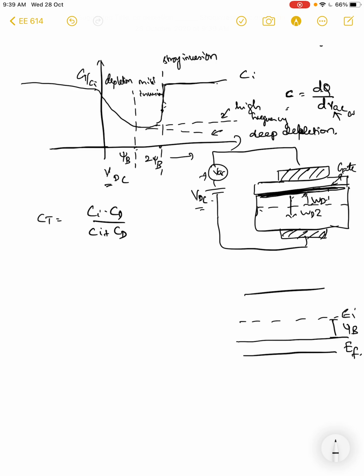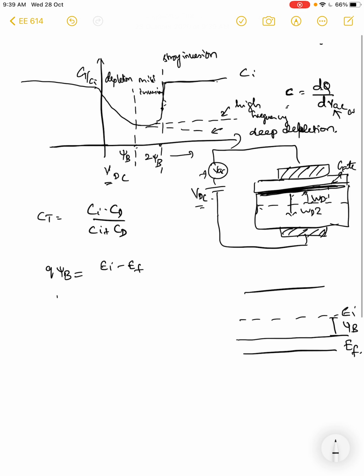And you remember from our previous treatment, right? So q psi b is EI minus EF, and you know this p is basically ni e power (EI minus EF) by KT. So ni is basically the intrinsic carrier concentration, right?